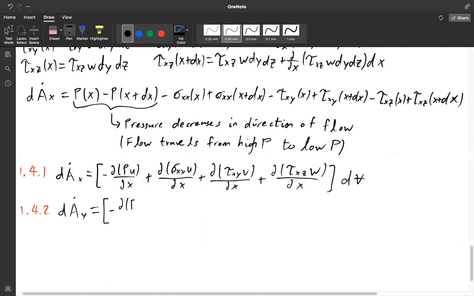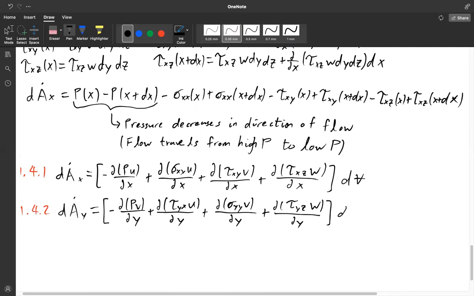We have partial pv partial y plus partial tau yx u partial y plus partial sigma y v partial y plus partial tau yz w partial y, times dv.